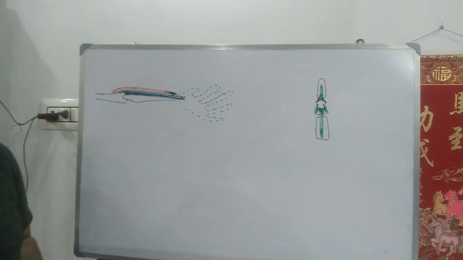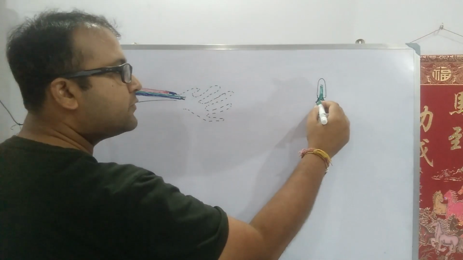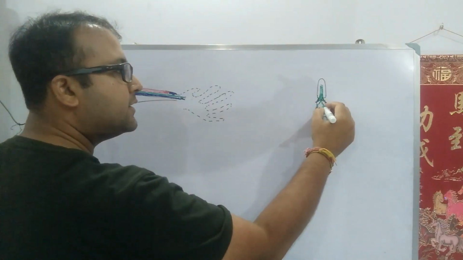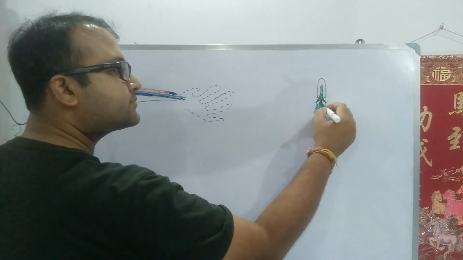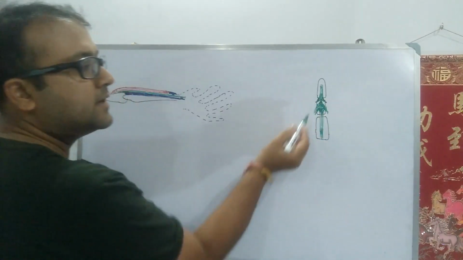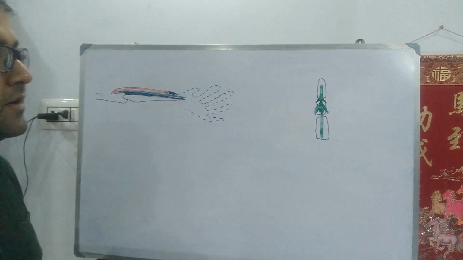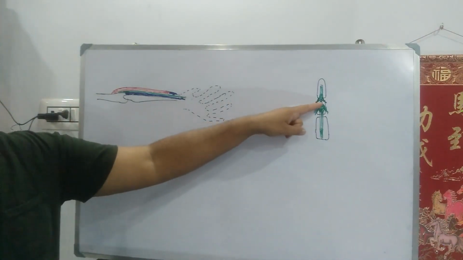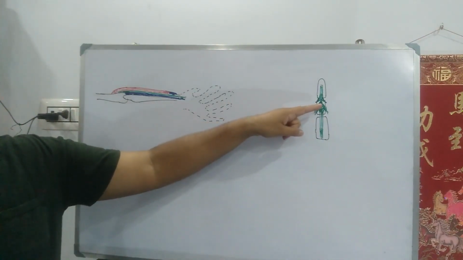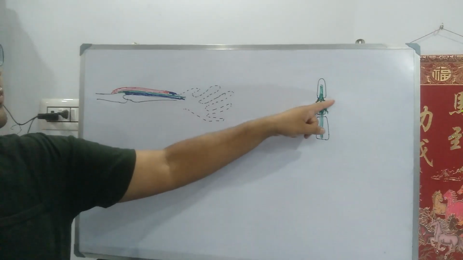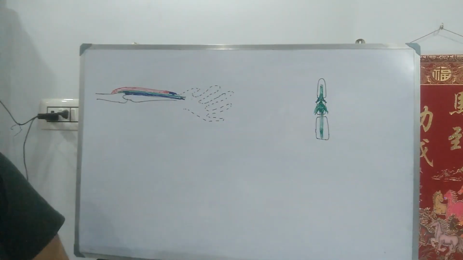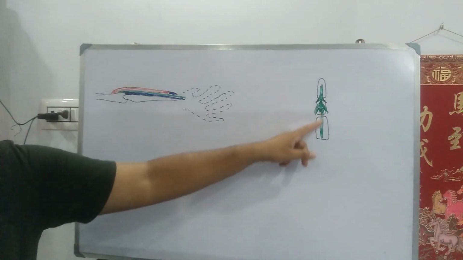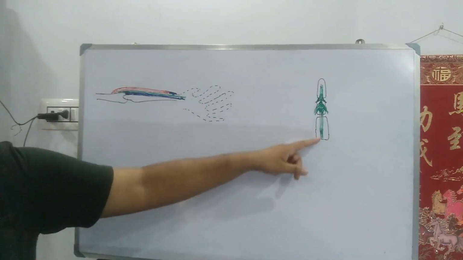And this tendon which is moving inside it is called the middle band. So this one is the middle band, and these two are the lateral bands. And this is basically the extensor digitorum tendon.